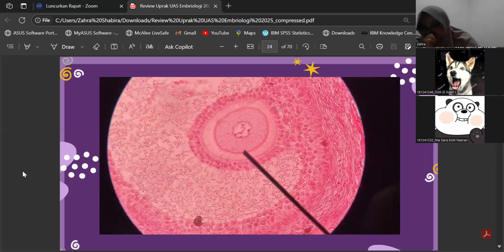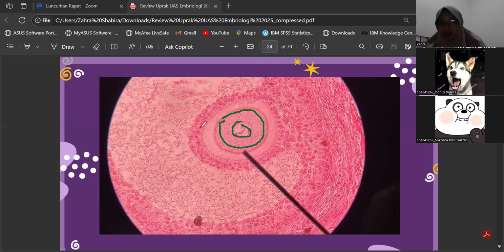Now this one. Okay, this one I think I don't have to give a question since I forgot to explain. This one is the center or the DNA of the oocyte, and then this is the oocyte, and also there's a cape of the oocyte along with the corona radiata.